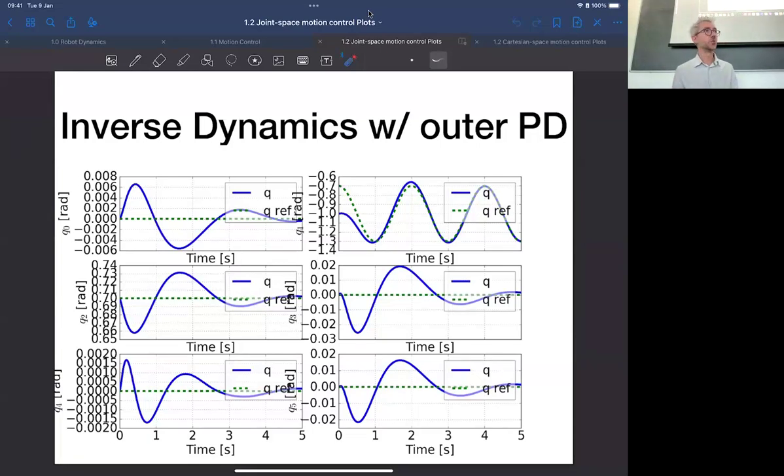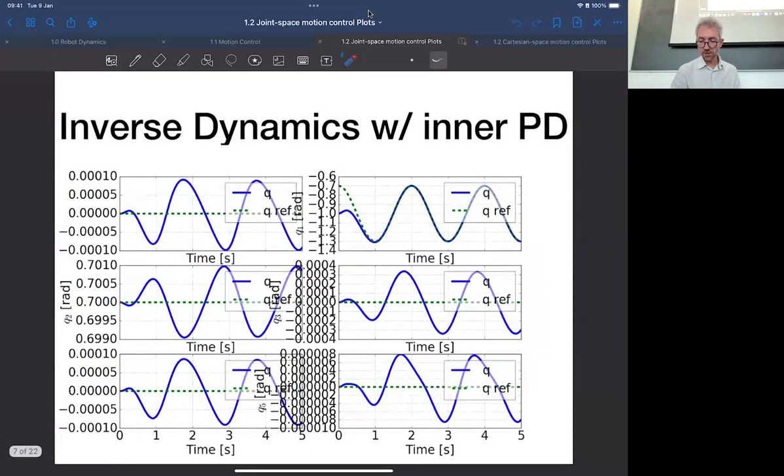Nonetheless, this is a very good tracking performance. This is with the outer PD, so the PD which is outside the multiplication with the mass matrix. If you move the PD inside the multiplication, it actually improves. It's not so obvious, but now the scale is much smaller than it was before.